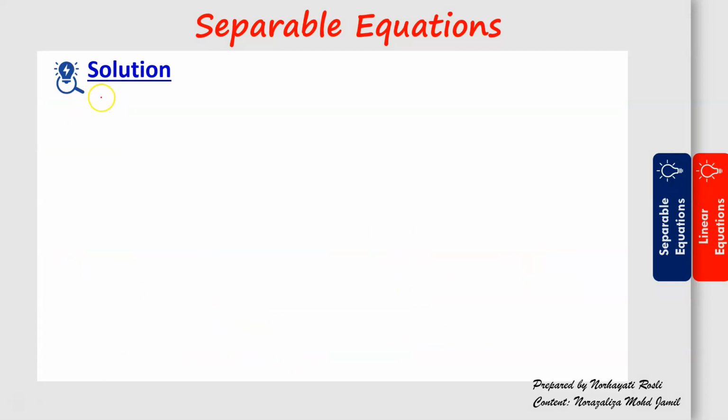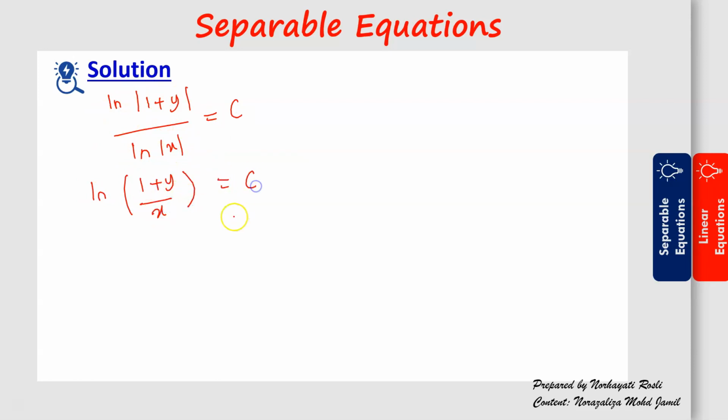I write it again. Previously, we have ln |1 plus y| minus ln x equal to c. Based on the logarithm law, we can write it as ln of (1 plus y) divided by x, which is equal to c.